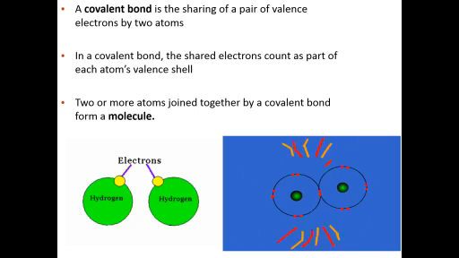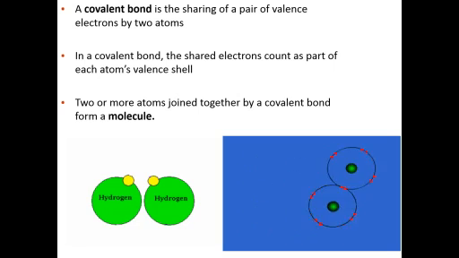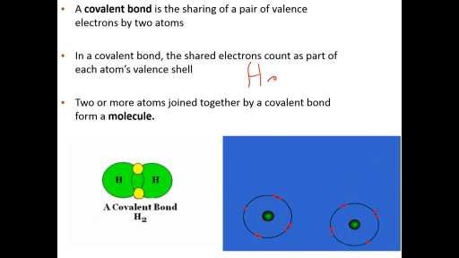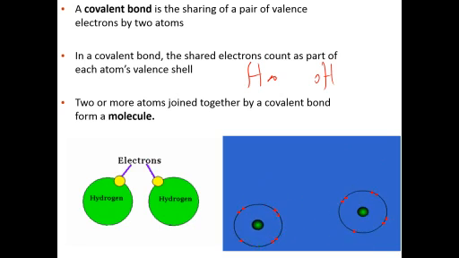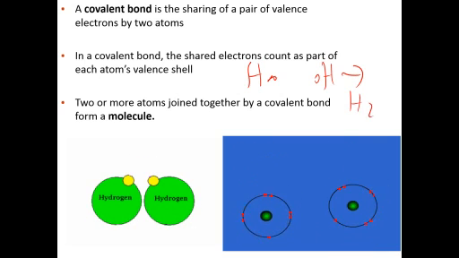Formation of a covalent bond between 2 or more atoms forms a molecule. Here I gave you the example of hydrogen. You had hydrogen, 1 valence electron, hydrogen, 1 valence electron come together. The chemical reaction to form hydrogen gas.